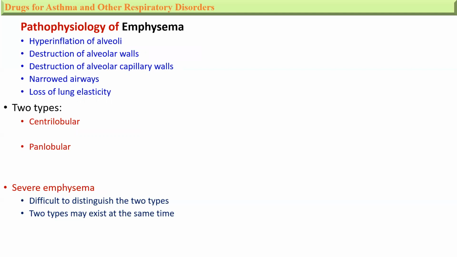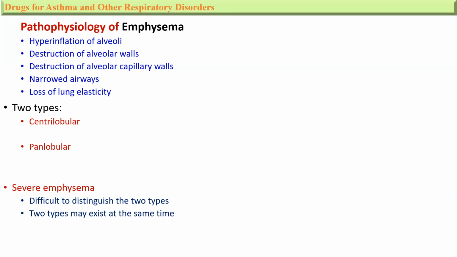This is often associated with chronic bronchitis more than with emphysema, and centrilobular is more common than panlobular.